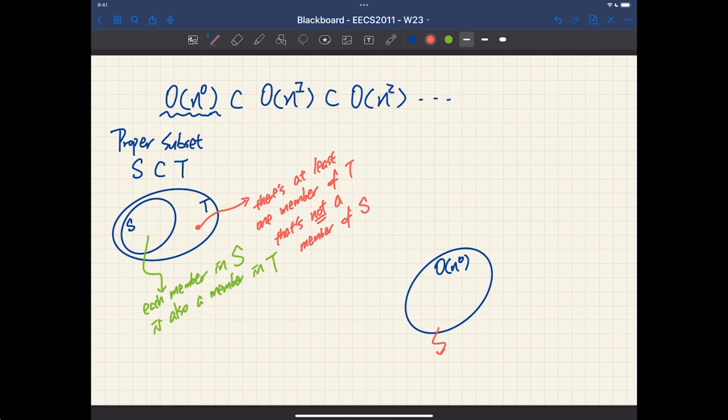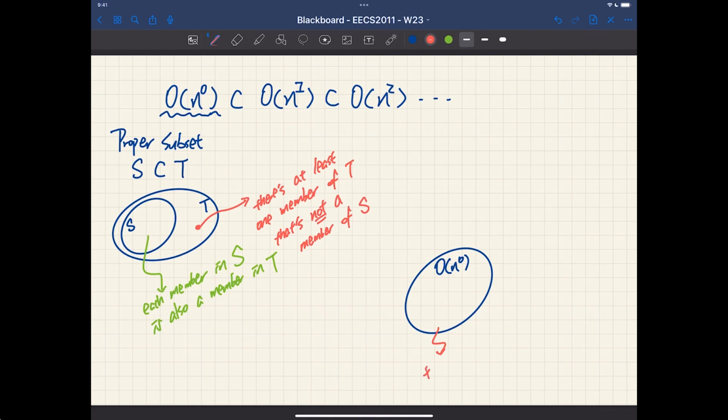Intuitively, it's the collection of functions that can be upper bounded by n to the power 0, maybe with some constant. Good, I'm just trying to complete it for you, but you're pretty much right.